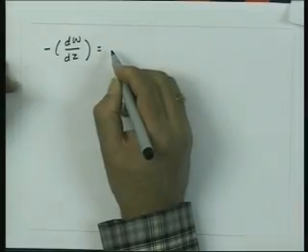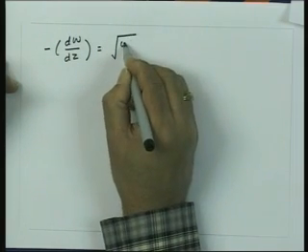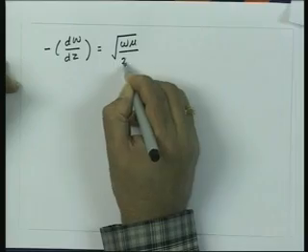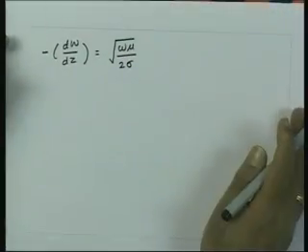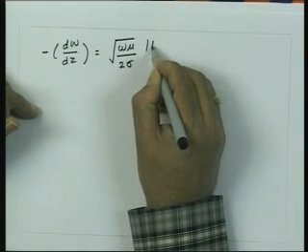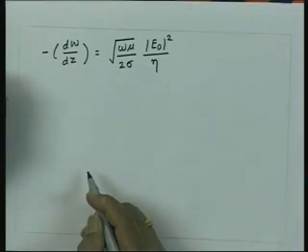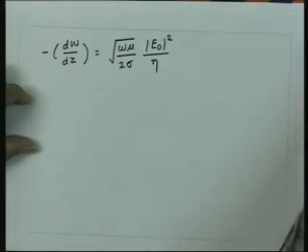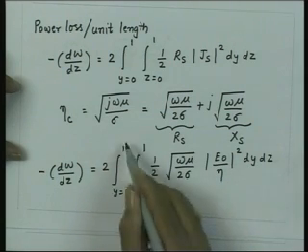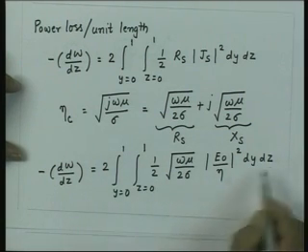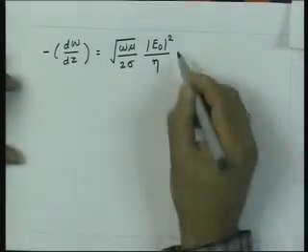So, you will get square root of omega mu upon 2 sigma, |E0|² upon eta, and the integral, for y from 0 to 1 dy, that will be 1, for z equal to 0 to 1 dz, that will be 1. So, the integral value is equal to 1.